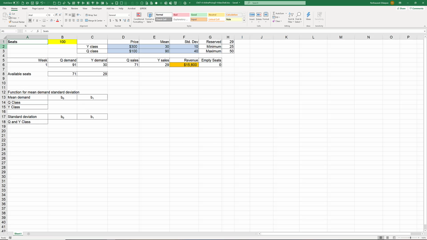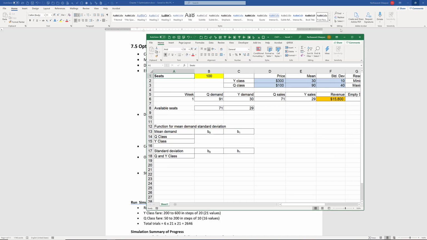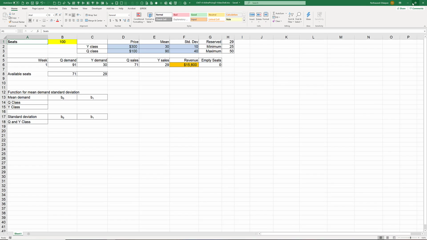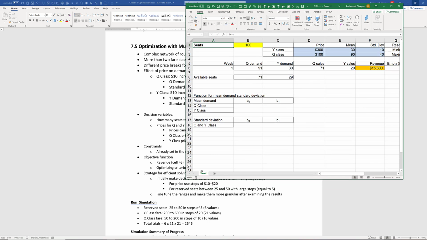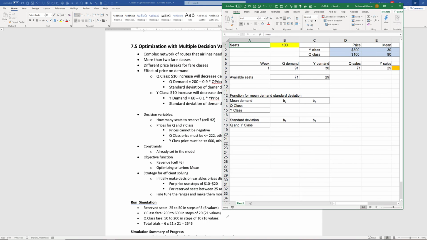So we already have the model that we worked on before. That model is here. Now, what we have in addition to what we had previously is the mean.